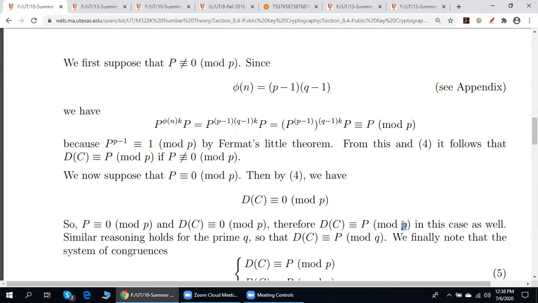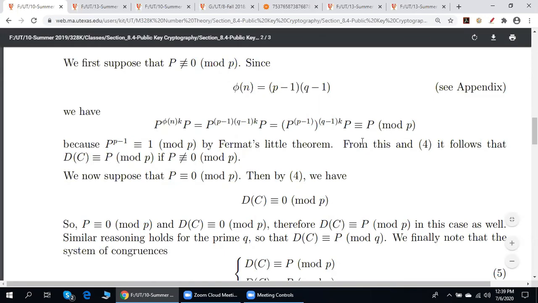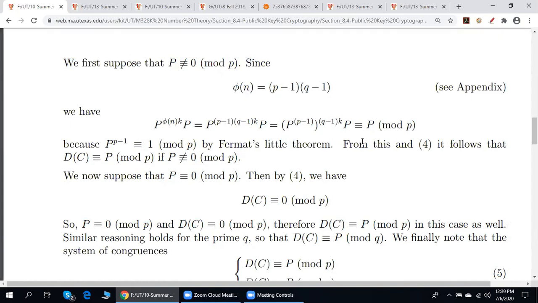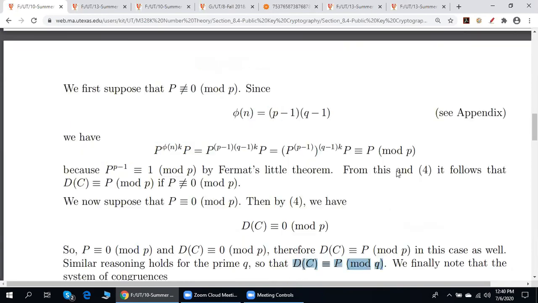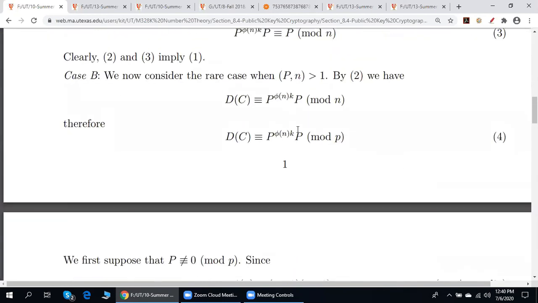How do we prove that? If we apply similar reasoning for the prime q, we will get this. Here's what I mean by that. Note that what is written here implies this, where instead of p, we have lowercase q.